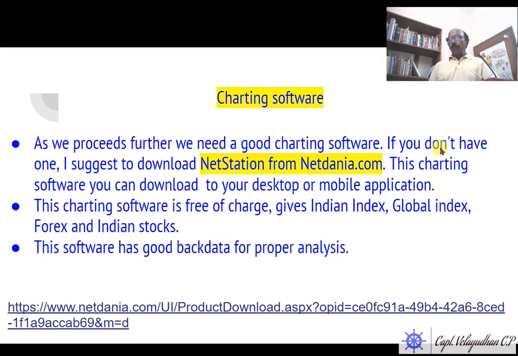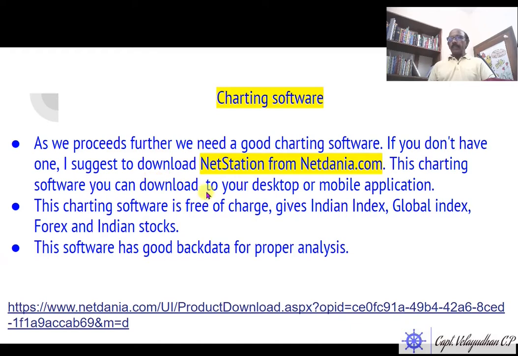Many of you will have a charting software from your brokers, and some professionals are using expensive charting softwares like eSignal, Metastock, etc., which are paid softwares. But as learners, we don't need those types of softwares.